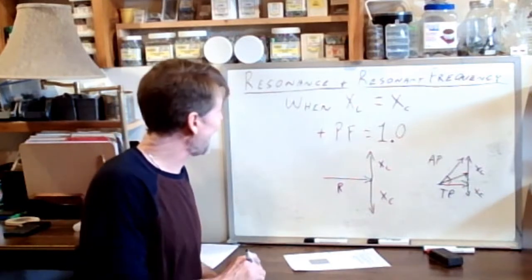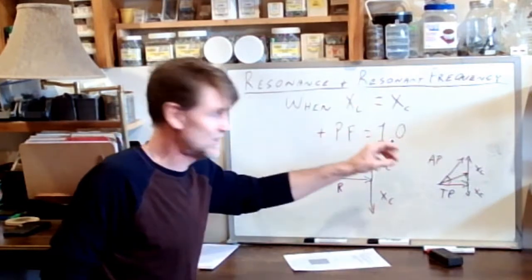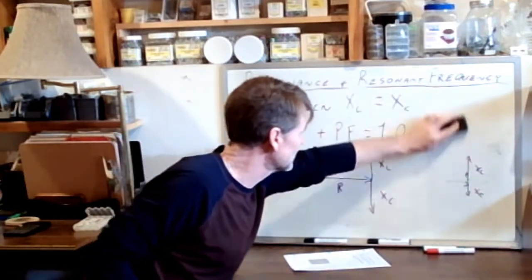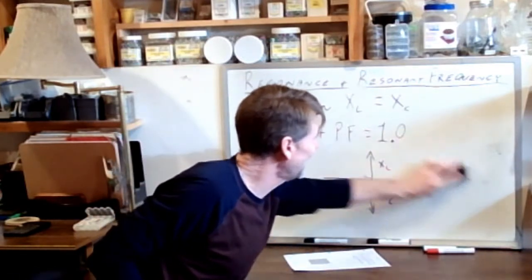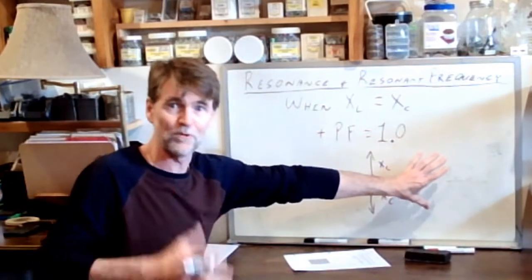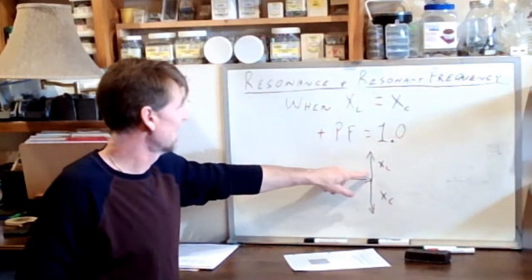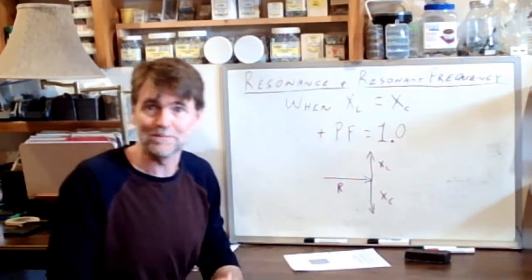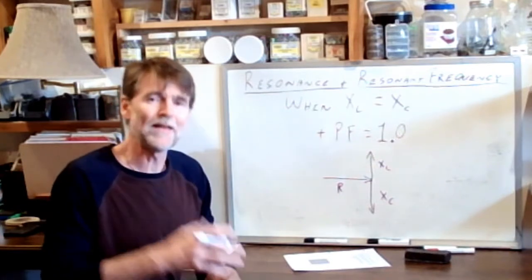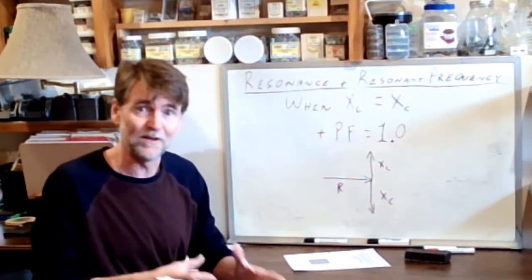But I want to finish the thought about resonant frequency before we move on to the additional conversation about pros and cons of resonance. There's two different ways that our circuit can become resonant. One is what I was just suggesting: we have an inductive circuit, a circuit that has a motor connected to it, an RL circuit, and then we add a capacitor to it, and it becomes an RLC circuit.